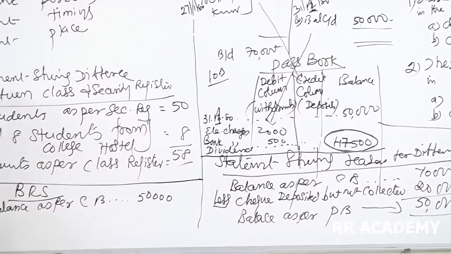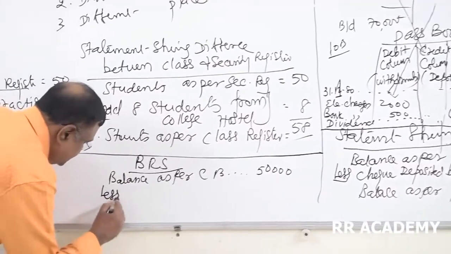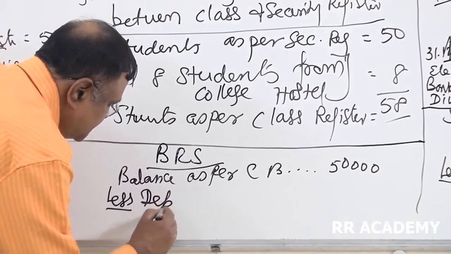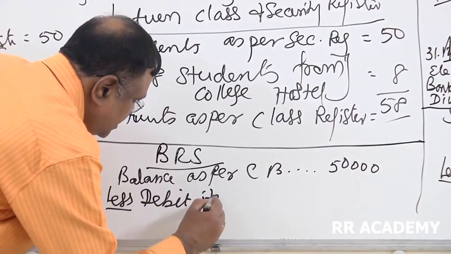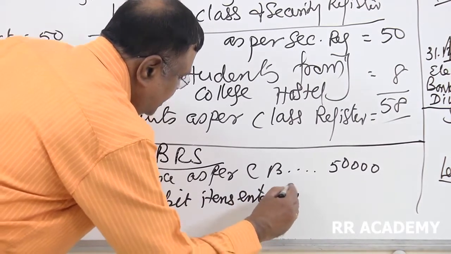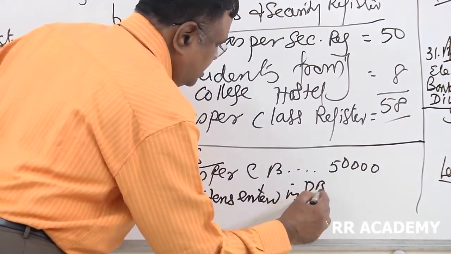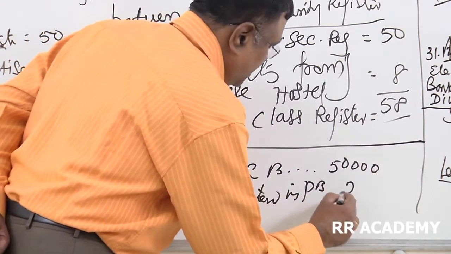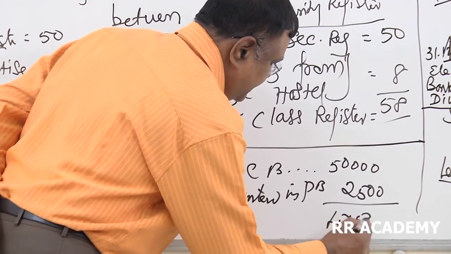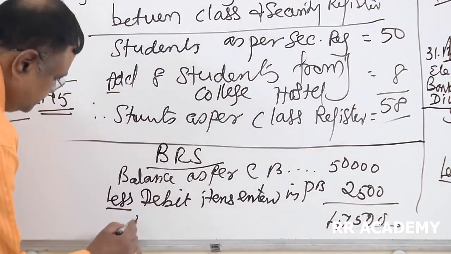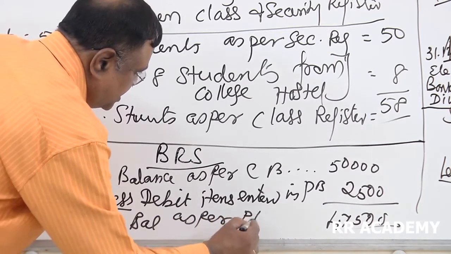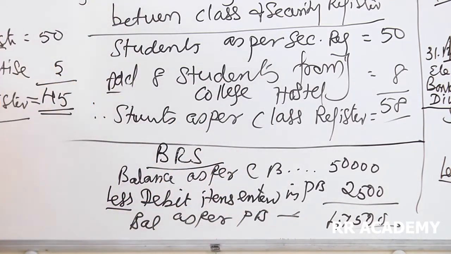Sir, less: debit items entered in the passbook, 2,500, so 47,500. Balance as per passbook. What is this?